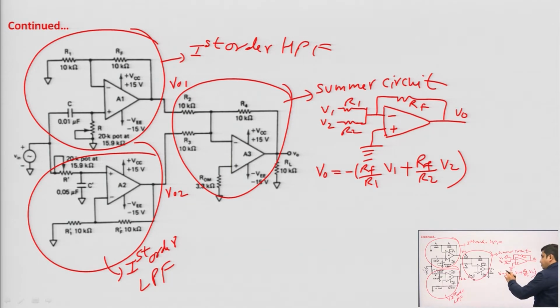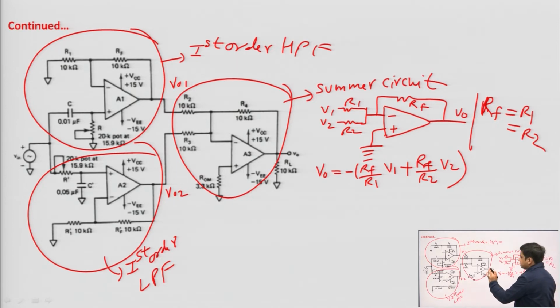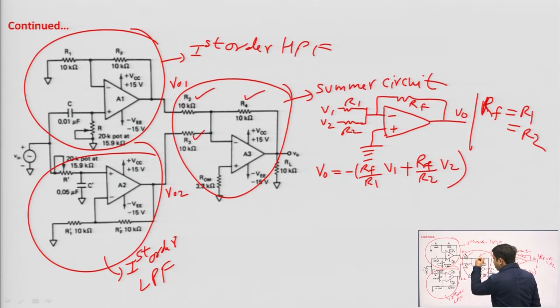And if we want V naught is equal to minus of V1 plus V2, then what we do? We take RF equal to R1 equal to R2. So, in this circuit we can see that these R1, R2, RF are replaced with R2, R3, R4, and the values of all three resistors R2, R3, R4 are same, that is 10 kilo ohm. It means that the output voltage V naught will be equal to minus of VO1 plus VO2.